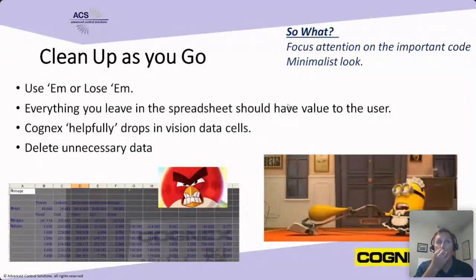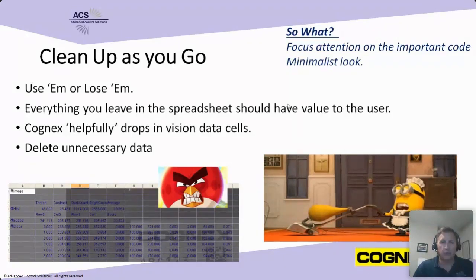So first up, it's a clean up as you go concept. Cognex is really good about dropping data out of all their tools right onto your spreadsheet for you. And when it does that, it sometimes looks like a hot mess.